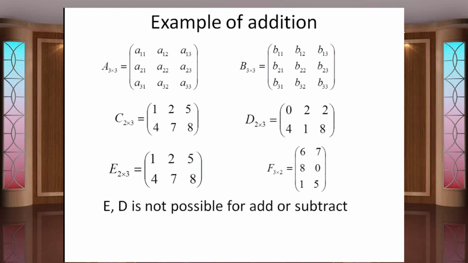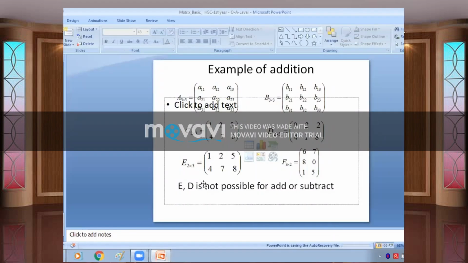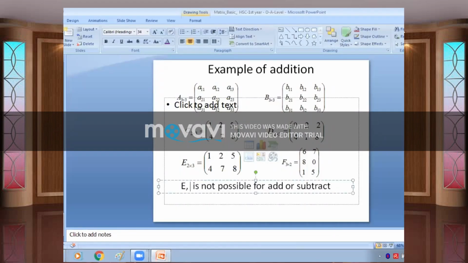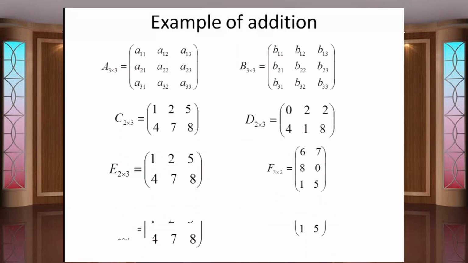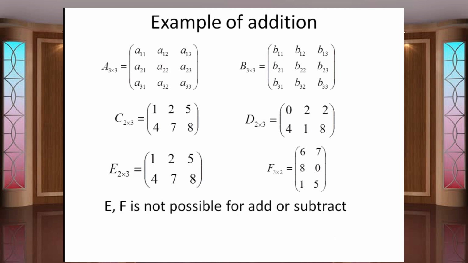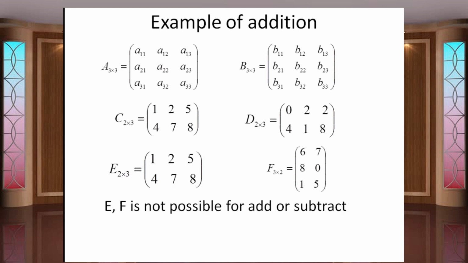For that, we can say that E and F cannot be added or subtracted. Got the point? Their order must be the same. Here the number of rows equals 2, and here the number of rows equals 3. Here the number of columns equals 3, and here 2. That's why it cannot be possible.